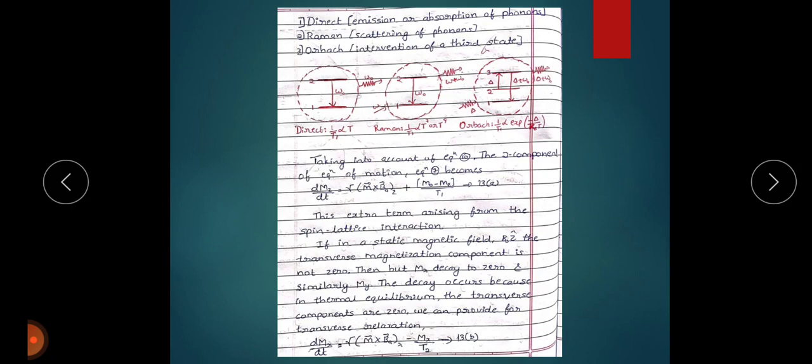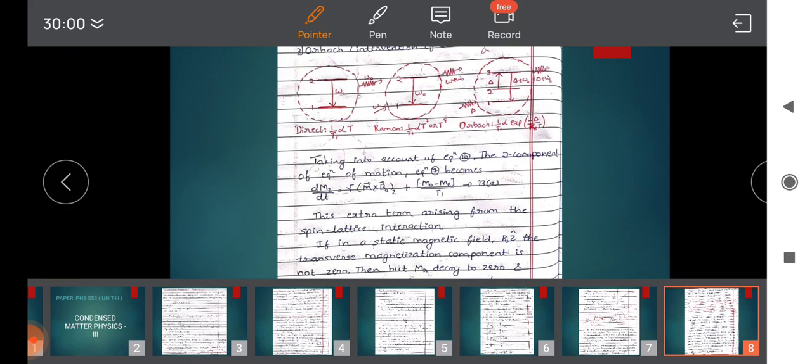Next, in the Orbach process, the longitudinal relaxation rate is directly proportional to the exponential of minus delta divided by Kb into T, where Kb is the Boltzmann constant and T is the temperature.